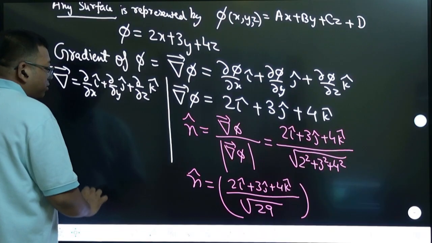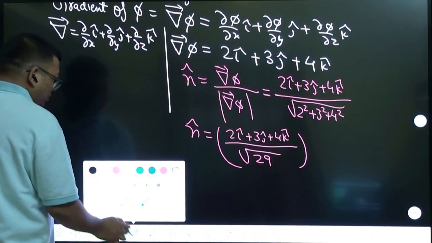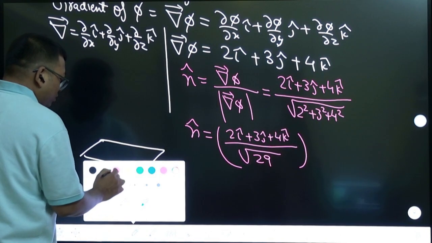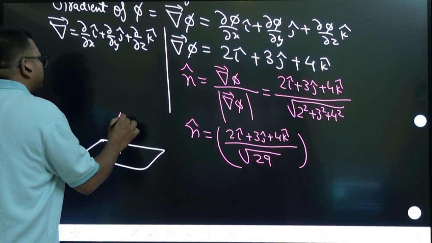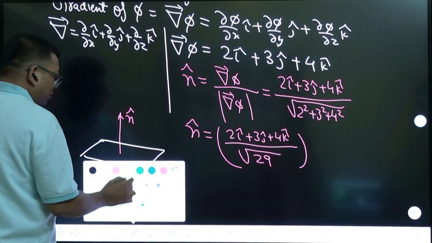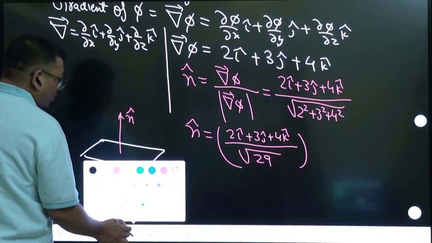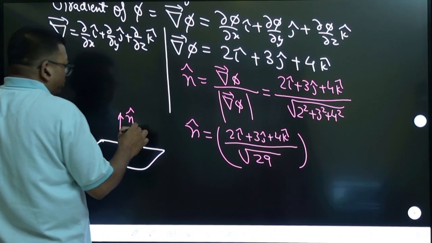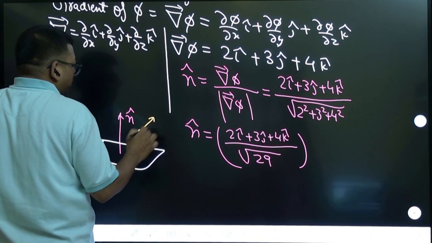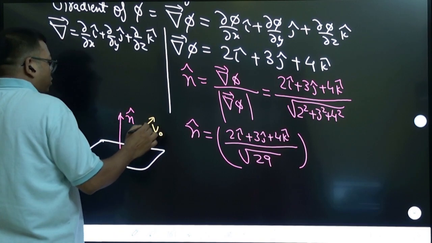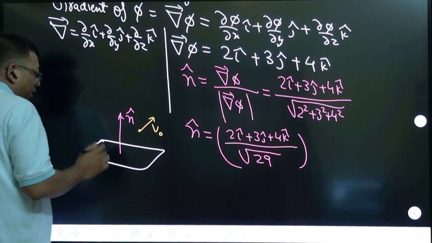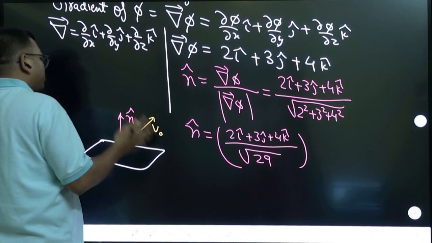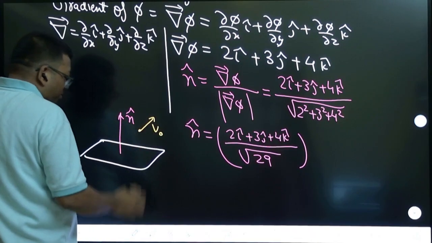So suppose this is a surface plane and you got this normal vector in this direction. Once you have got the normal, suppose the object is moving this way, for example, this is the object velocity. That you can take as the relative component if you calculate relative, otherwise you take the object velocity.